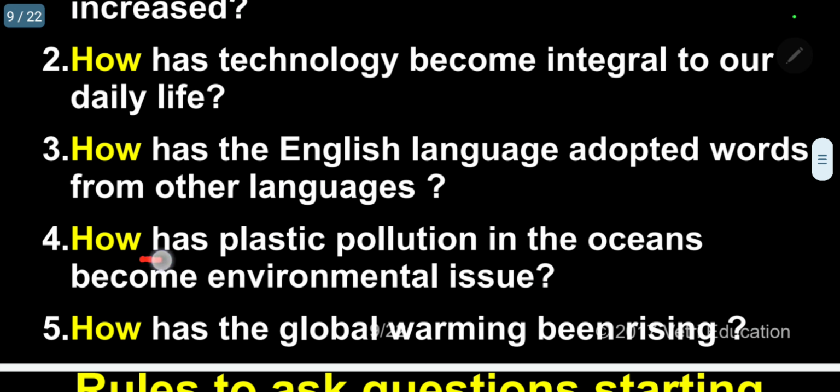How has plastic pollution in the ocean become an environmental issue? Become, main verb, has auxiliary verb. How has global warming been rising? Been rising, main verb, has auxiliary.